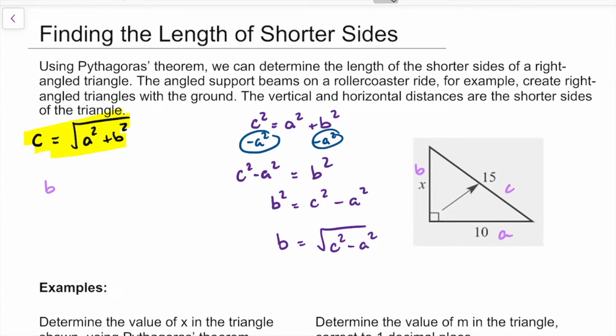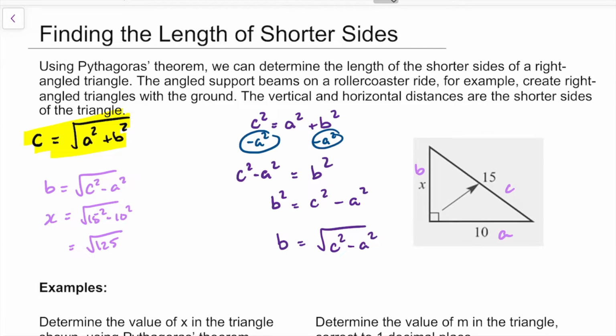So if we have b equals the square root of c squared minus a squared, we end up with x equals the square root of 15 squared minus 10 squared, which gives us the square root of 125.